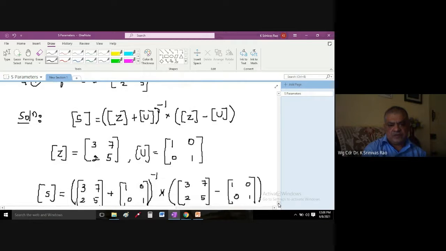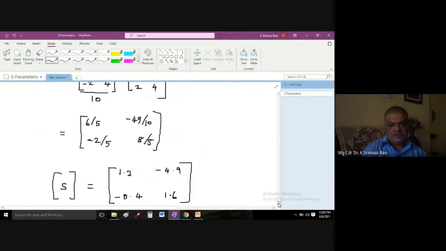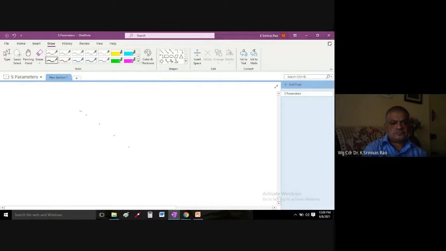Now, at times in the exam, they may give you other matrices and ask you to calculate this. Sometimes they may give you the Y matrix, that is the admittance matrix, with some values, and ask you to calculate the S matrix. In that case, don't worry, don't panic.